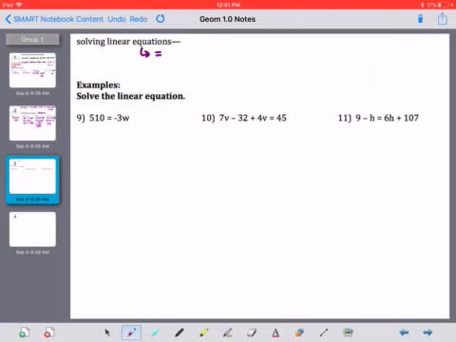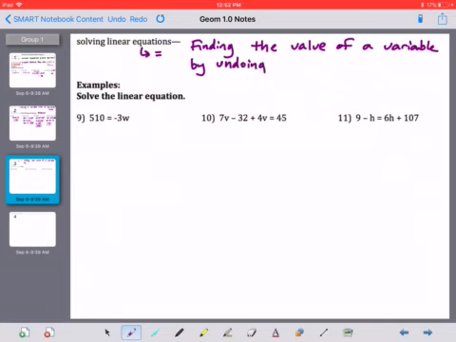So when you are asked to solve a linear equation, that means you're finding the value of a variable by undoing operations. So you're trying to get the variable all by itself.